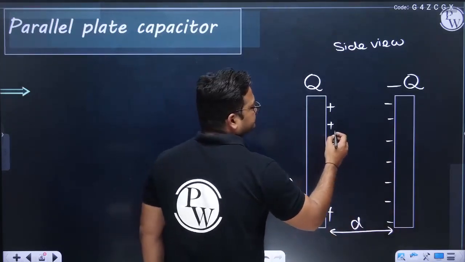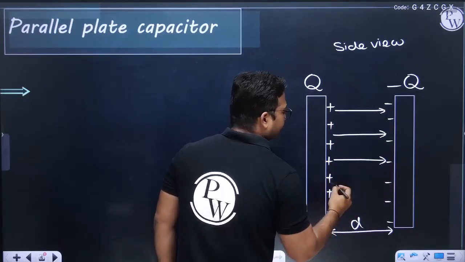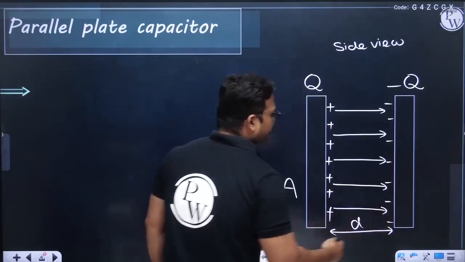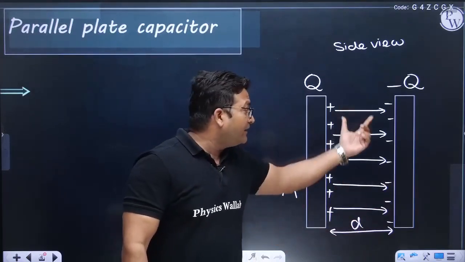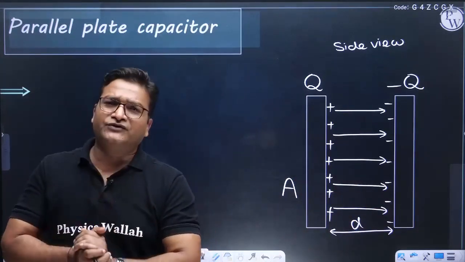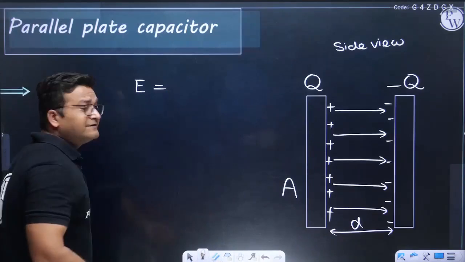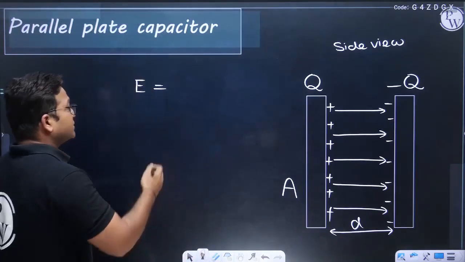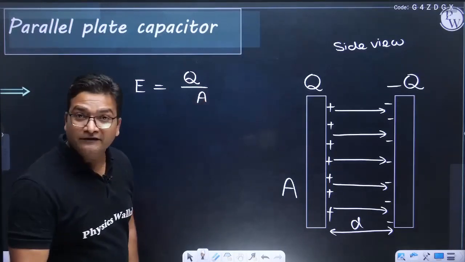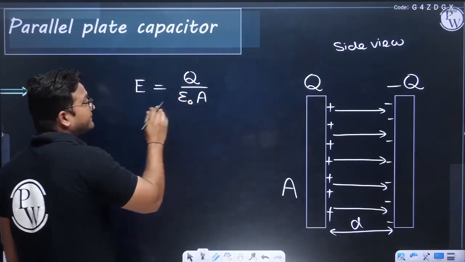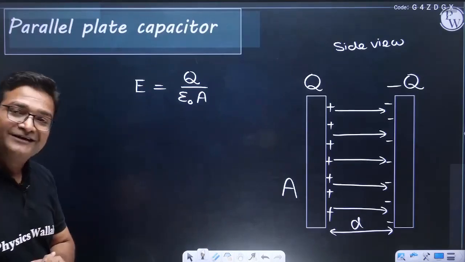There exists an electric field from positive charge to negative charge, and if the area is too large as compared to the gap, the electric field in the middle region is almost uniform. This electric field is given by charge density divided by epsilon naught. What is the charge density? Q is the charge, A is the area, so Q by A is the charge density, and divided by epsilon naught, this is the value of the electric field in the region between the plates.